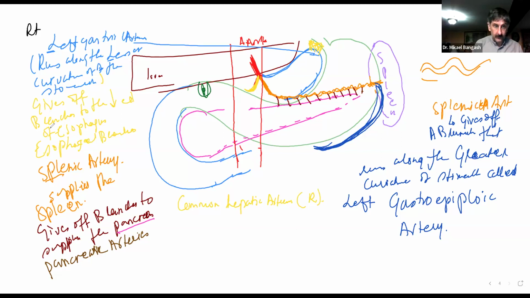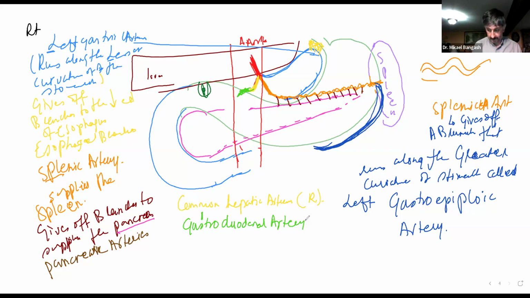It's going to give a branch, which we'll call the gastroduodenal artery. Did you guys get that? Yeah, okay.